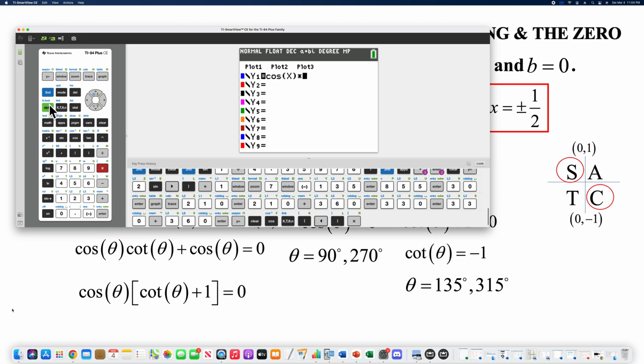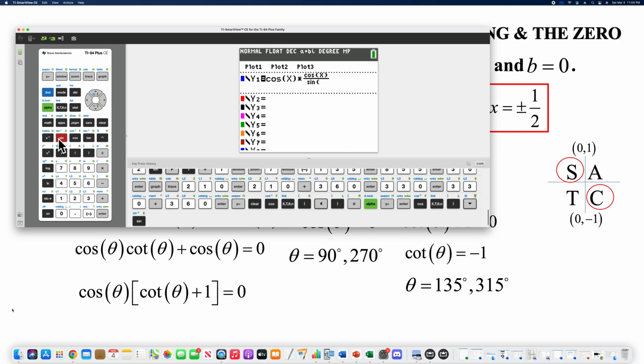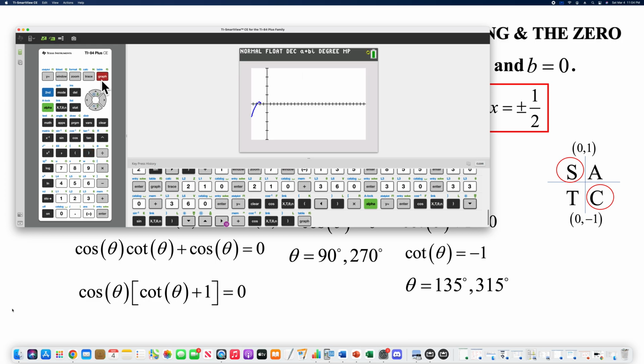We want to put this in as a fraction, using our quotient identity: cosine x on the top and sine of x on the bottom. Then we have plus a cosine x. I'm going to graph it. All kinds of answers here.